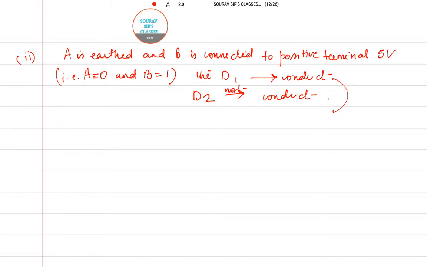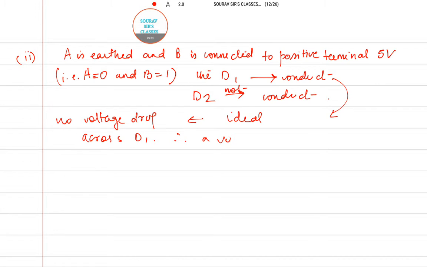Since diode D1 is ideal, there will be no voltage drop across D1.